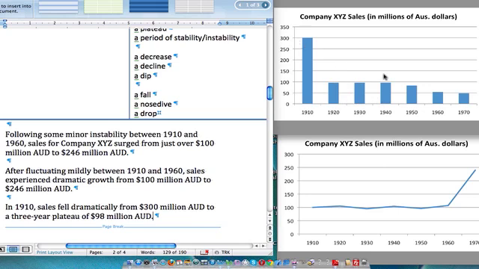Now this whole graph is a little bit difficult to do in a single sentence because we do have so much change going on. You see, we have this major fall, then a period of stability, and then it's sort of a gradual decline to 1970. So we could cram it all into one sentence, but it might seem a little bit too condensed, too full.